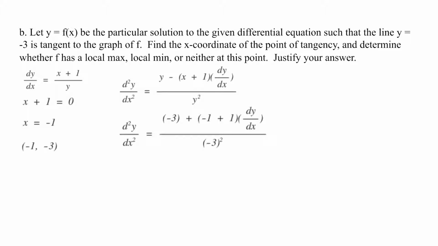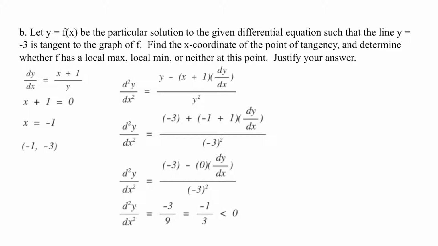Plugging in the point (-1, -3) gives us (-3 minus (-1 plus 1) times dy/dx) over (-3) squared, and that gives us -3 minus 0 times dy/dx over (-3) squared. Simplifying gives us -3 over 9, which equals -1/3, and this is less than 0, so we know that it's a local maximum at this point because it's concave down at x equals -1.